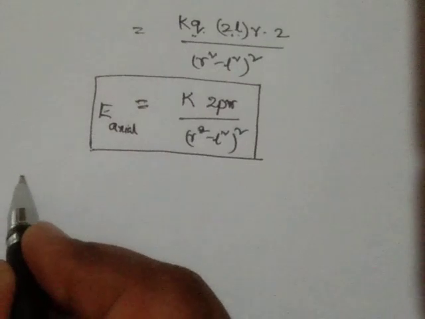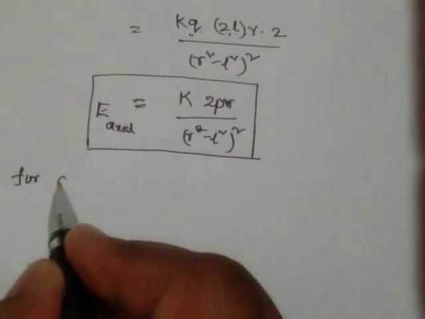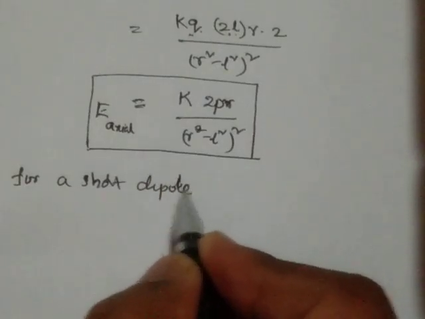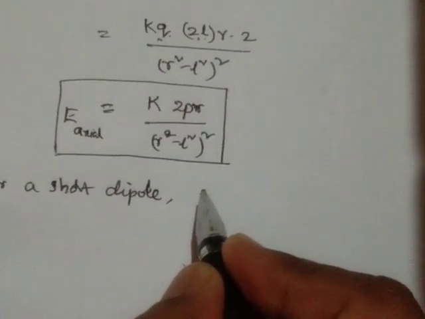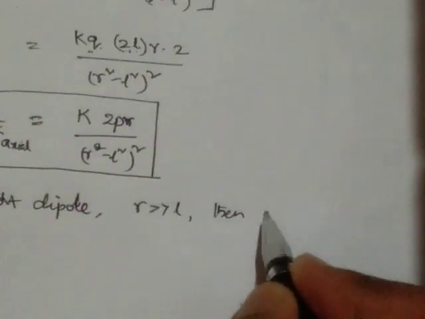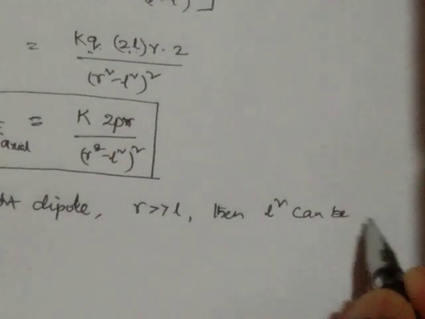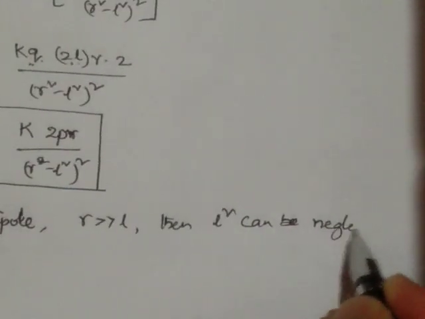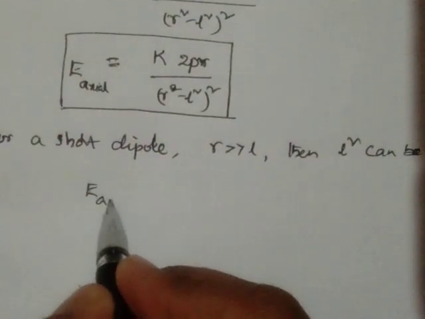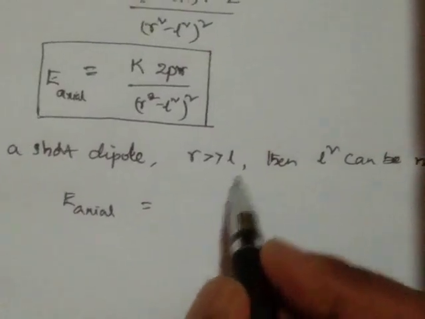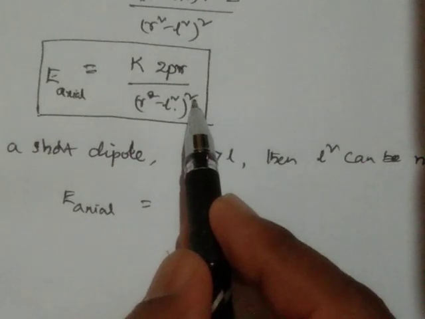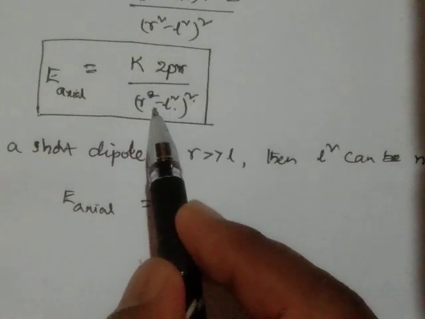For a short dipole, I am taking a special case here, that is r much greater than L, so L square can be neglected. The E axial expression becomes, since L square is neglected, r square whole square, that is r power 4, and after cancelling, r cube.